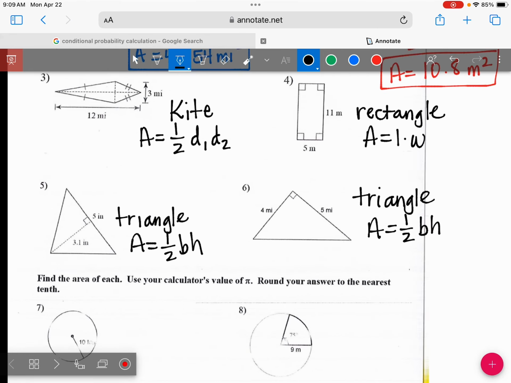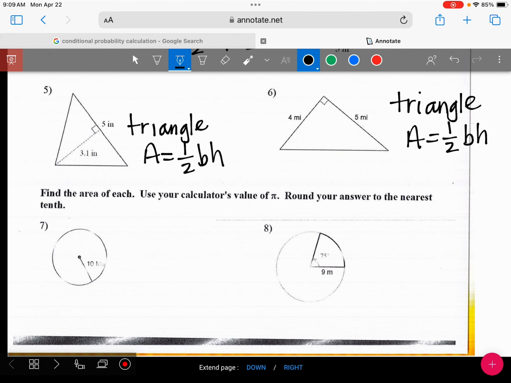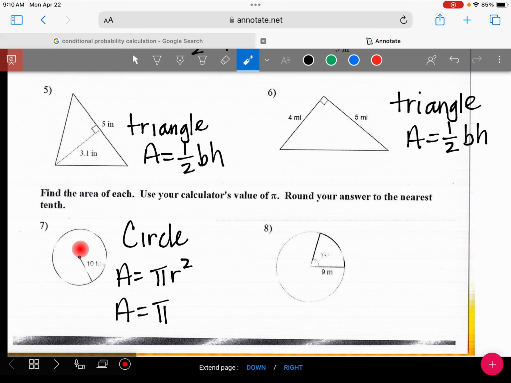All right, this next one here, number 7, this is a circle. And the area is pi r squared. So area would be pi. Now, the one thing you're going to have to pay attention to on the test is, is this the radius or is this the diameter? Do I need to divide this by 2 or is this the radius? What do you all think? It's the radius, yeah. So go ahead and type that in your calculator.